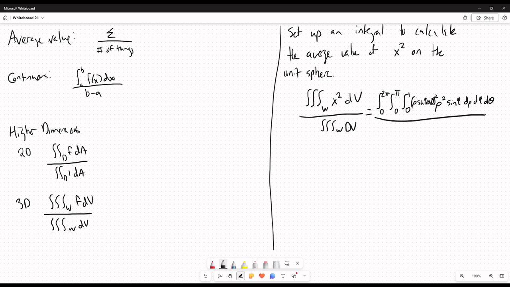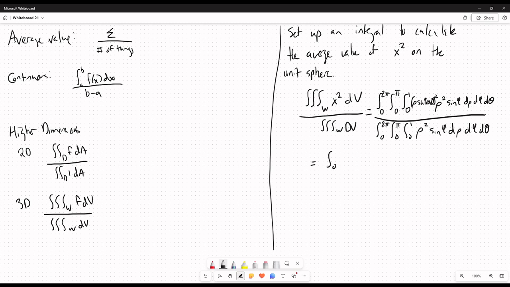And then we're dividing by a very similar thing, except instead of having this rho sine of phi cosine of theta in the middle, we're just going to ignore that. We'll just have rho squared sine of phi d rho d phi d theta. And actually, we can simplify this even more.